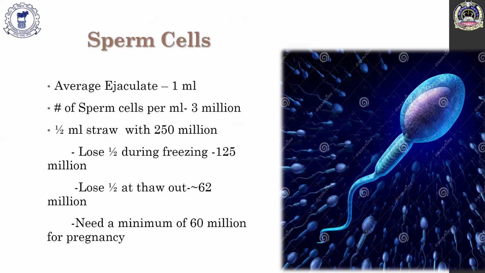When we have a half ml straw, we have around 250 millions of sperm, of which half is lost during freezing, leaving around 125, and half again after thawing. So at the time of insemination, we have around 62 million sperms. A minimum of 60 millions is needed for pregnancy.